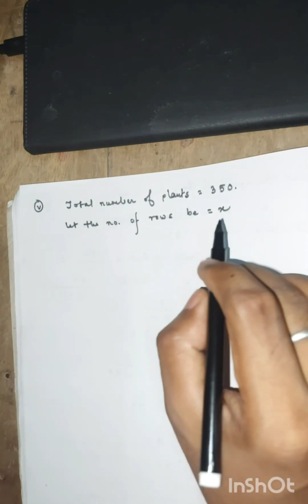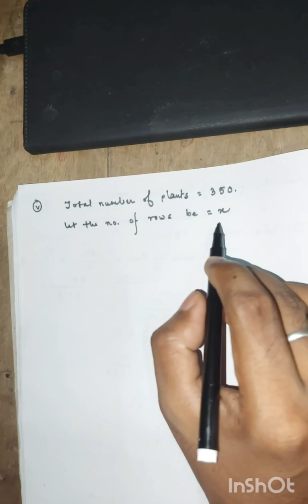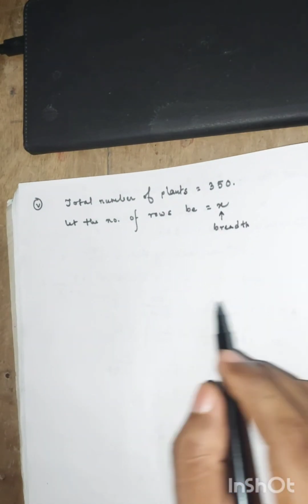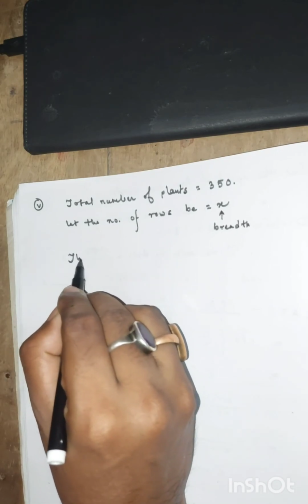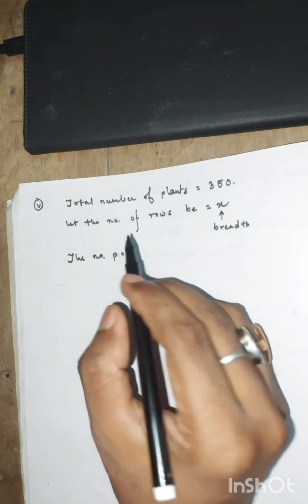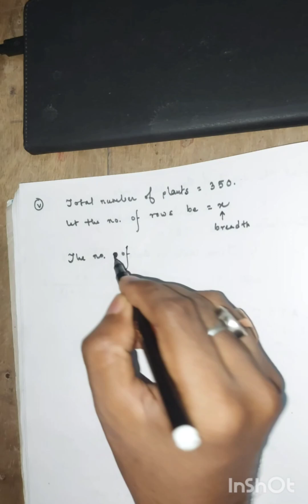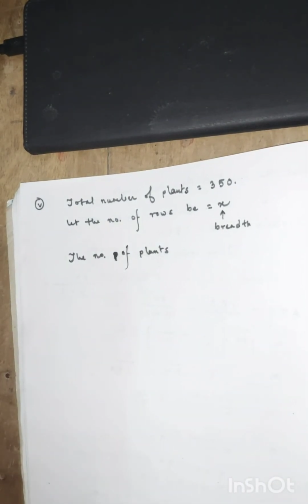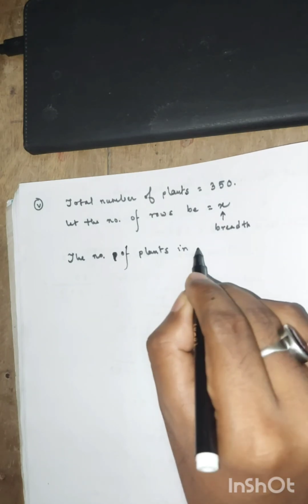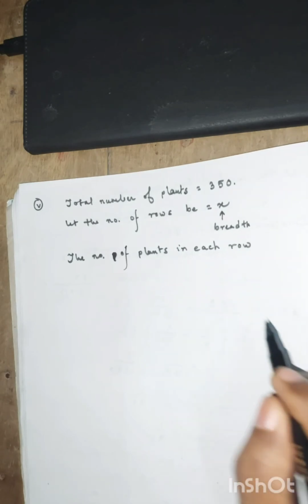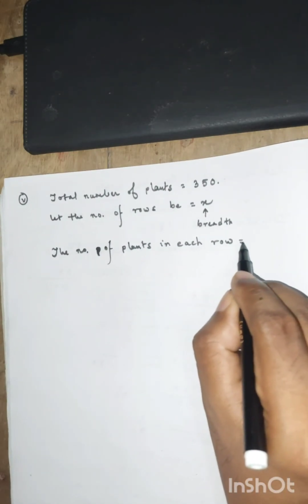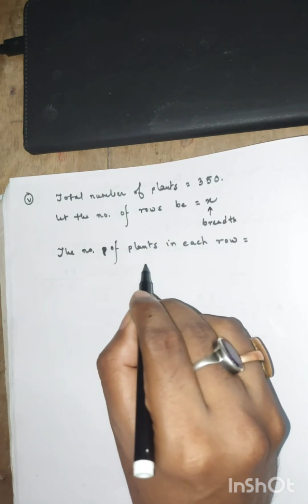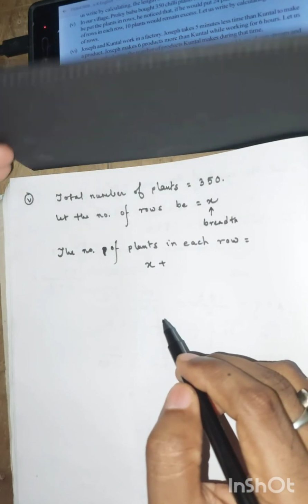So the number of rows is the breadth of the rectangle, and the number of plants in each row is x plus 24.